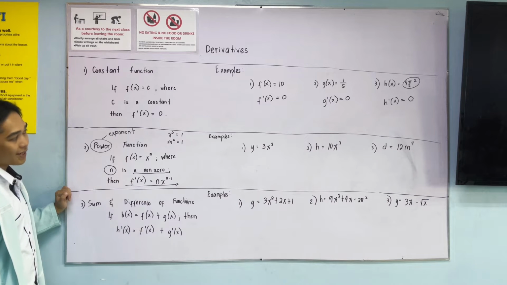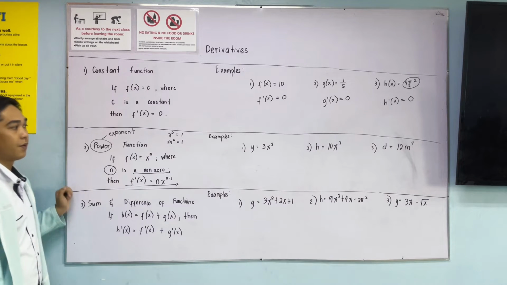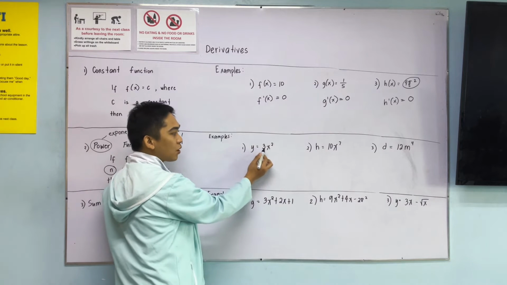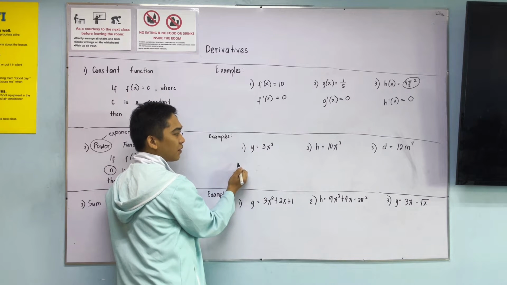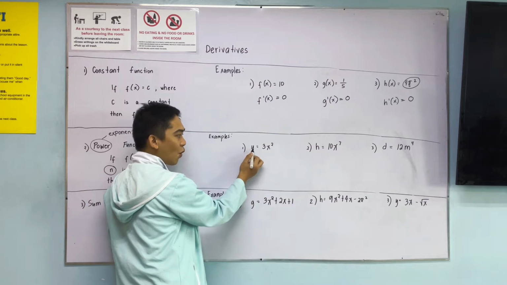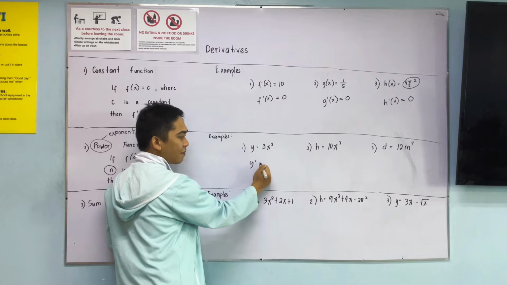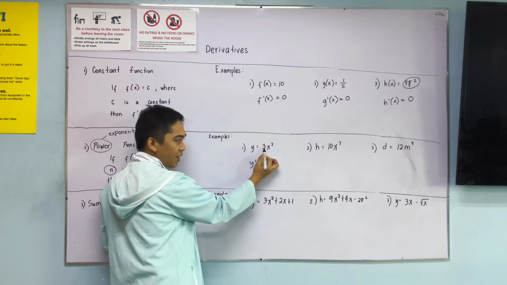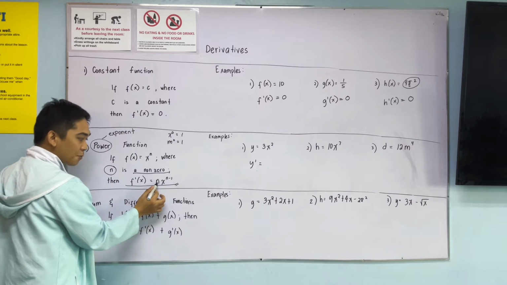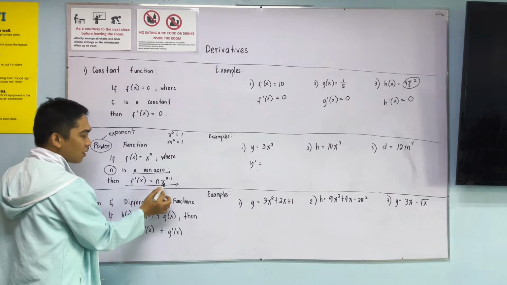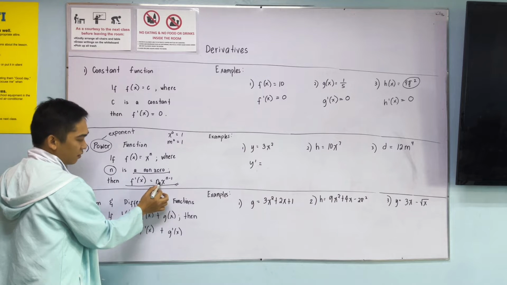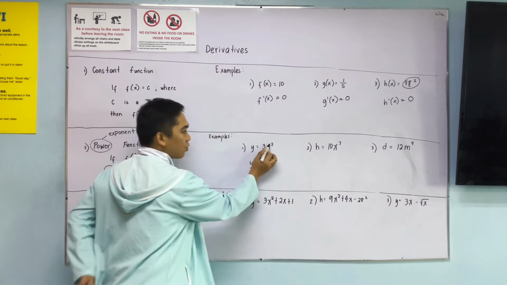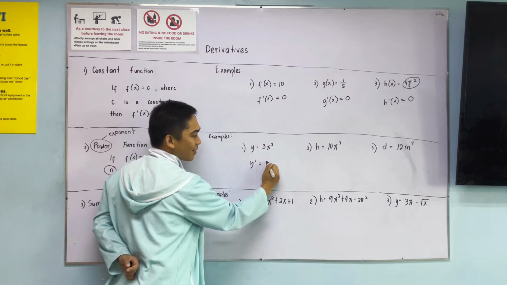Let's have our example number 1. y is equal to 3x squared. So to get the derivative of y, or y prime, that is equal to 2 times 3. So we have here the exponent times the numerical coefficient. So 2 times 3, this is 6.